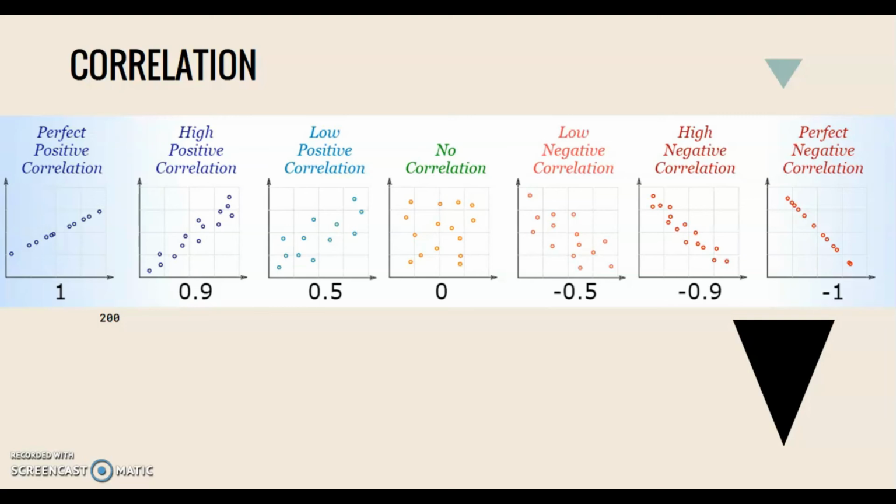And then we have also high negative correlation, so the values of one variable decrease. And then the perfect negative correlation, the graphical representation, it perfectly decreases.